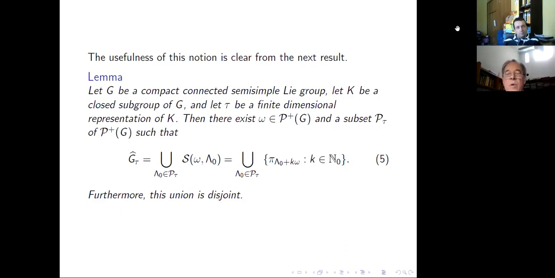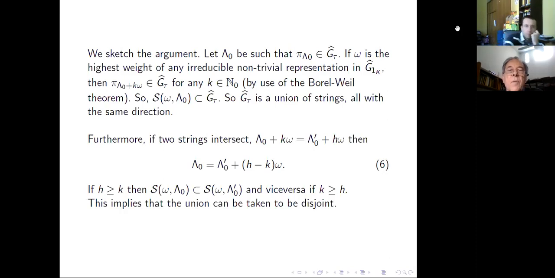So this is like decomposing the unitary dual involving tau as a union of one-dimensional things, the strings. And also we can make the union disjoint. Well, the proof involves an argument with the Borel-Weil theorem, so it's not too hard.